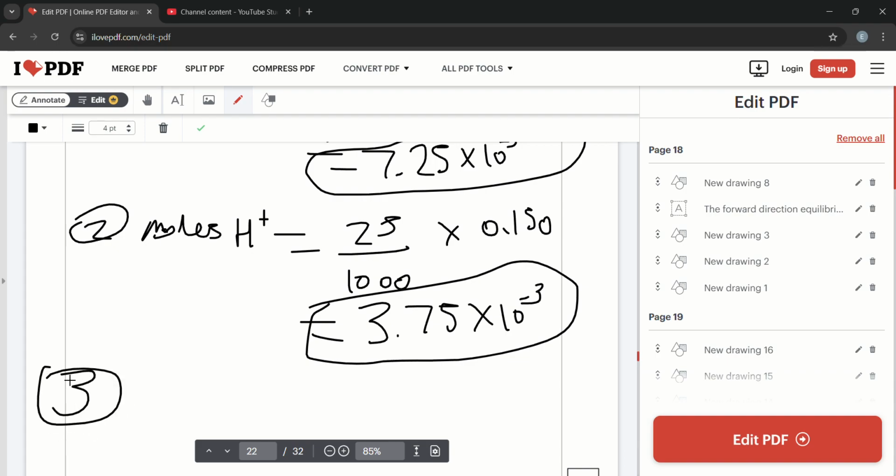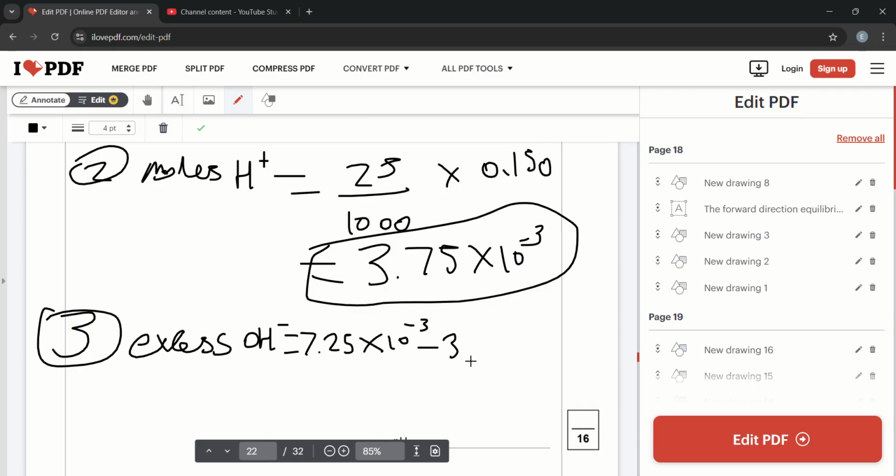So excess OH minus is equal to 7.25 times 10 to the power minus 3 minus 3.75 times 10 to the power minus 3, which is 3.5 times 10 to the power minus 3.